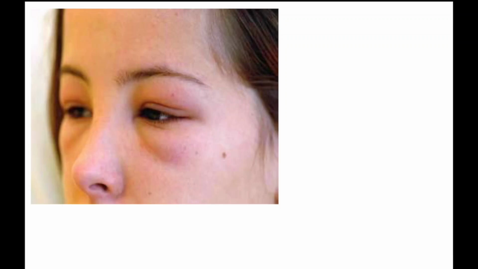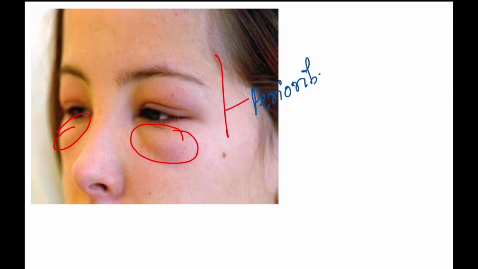Can you see something unusual in this image? In this image we can see the lower eye bags. The eye bags of this lady are swollen. It is called periorbital edema.